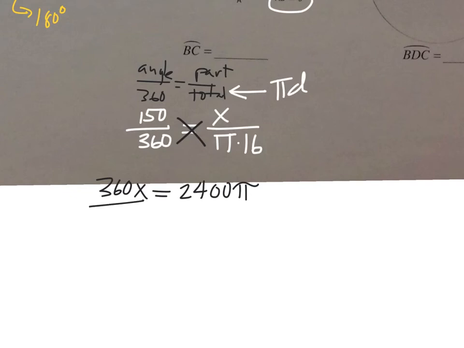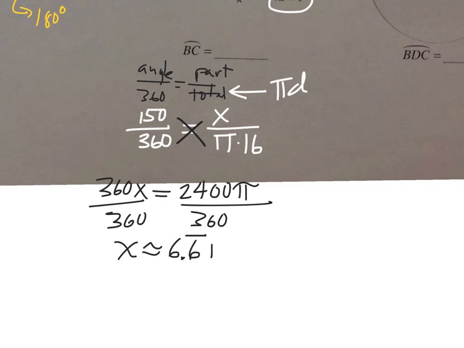And then we're one step away to figure out how long it is on the circle. Divide by 360. And you get x is about 6.6, and it goes on, so it's 6.6 repeating times the pi. The directions say, write your answer to the nearest tenth.